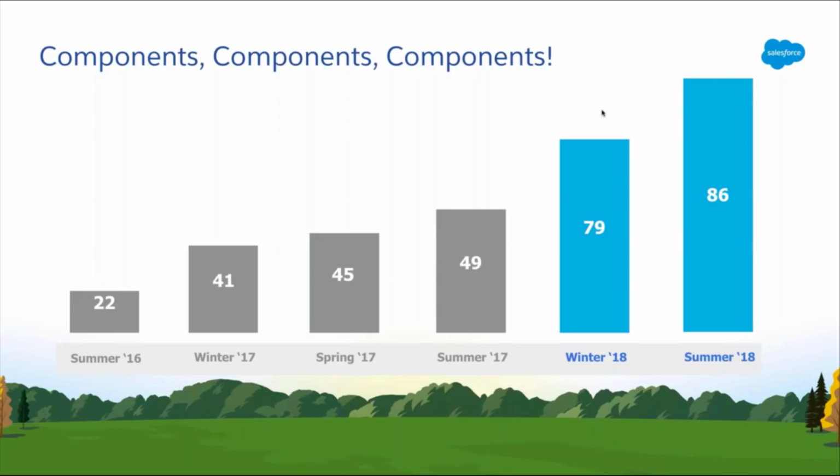With each release, as you can sort of see, we've increased over the course of each release. You'll notice that I skipped over Spring 18. The reason I skipped over Spring 18 in the slide is because in Spring 18 we had 85 components. And so I thought it looked sort of silly if that graph showed 85 in spring and only 86 in summer.